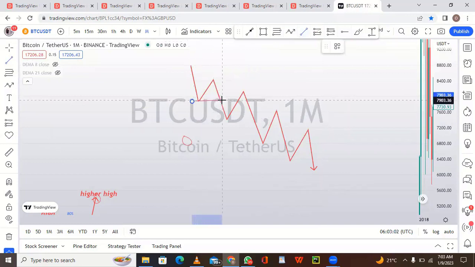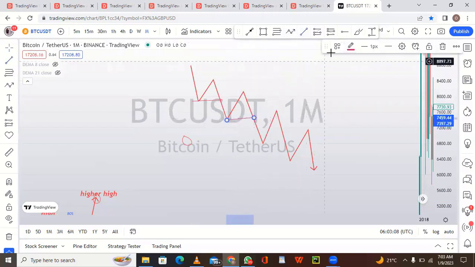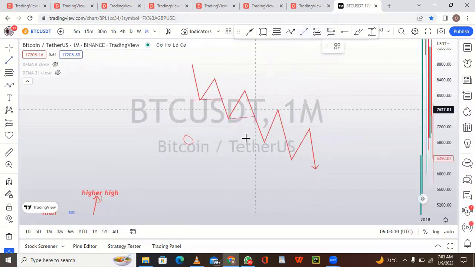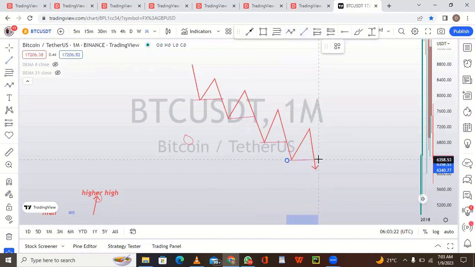Okay, this is what I mean by the break of structure. All these are known as what? Break of structure. And I've told you what the law of price action said, that for every impulse, there must be a correction or retracement or pullback.